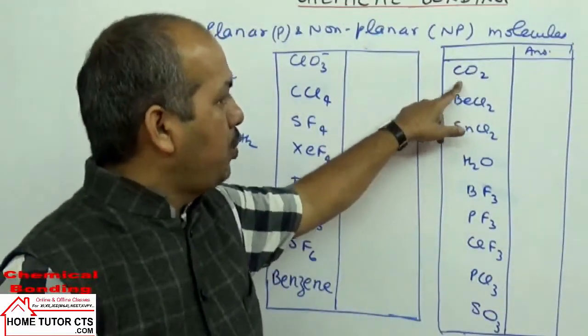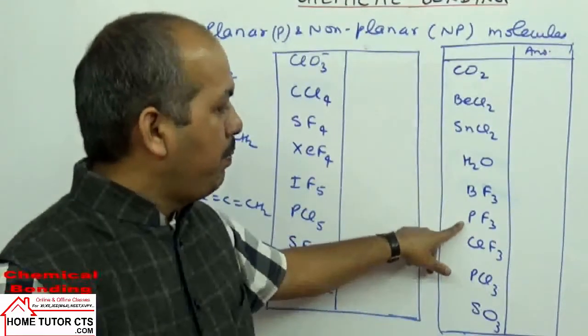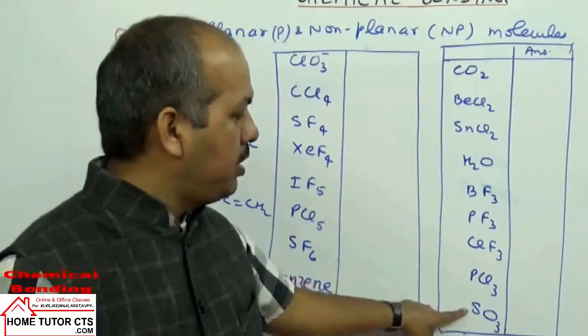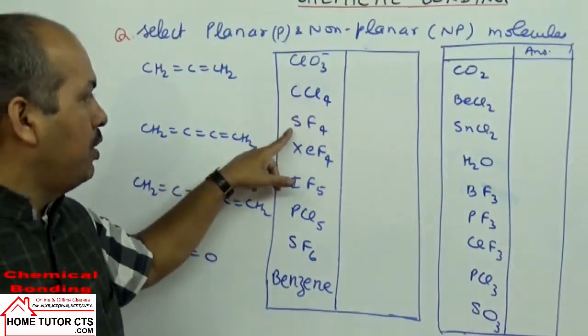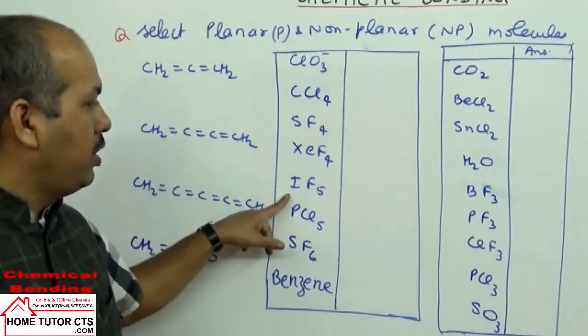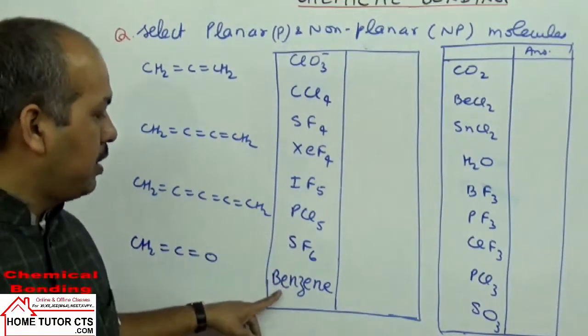Example दिया है, the first is CO2, second BeCl2, H2O, BF3, PF3, ClF3, PCl3, SO3, ClO3 negative, CCl4, SF4, XeF4, IF5, PCl5, SF6, benzene.